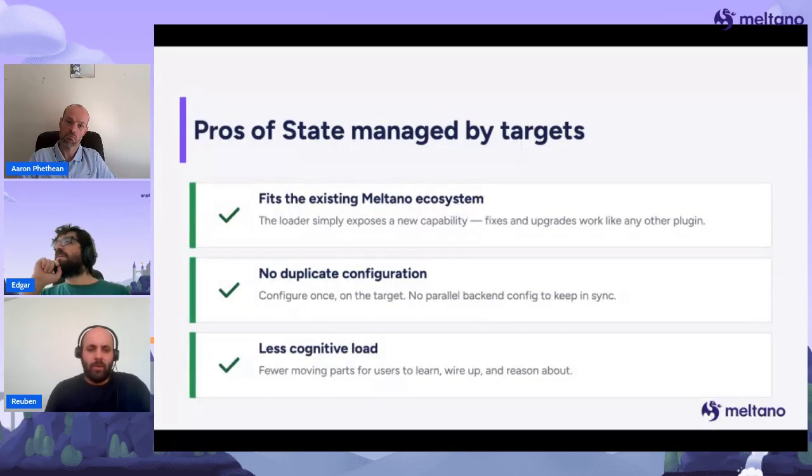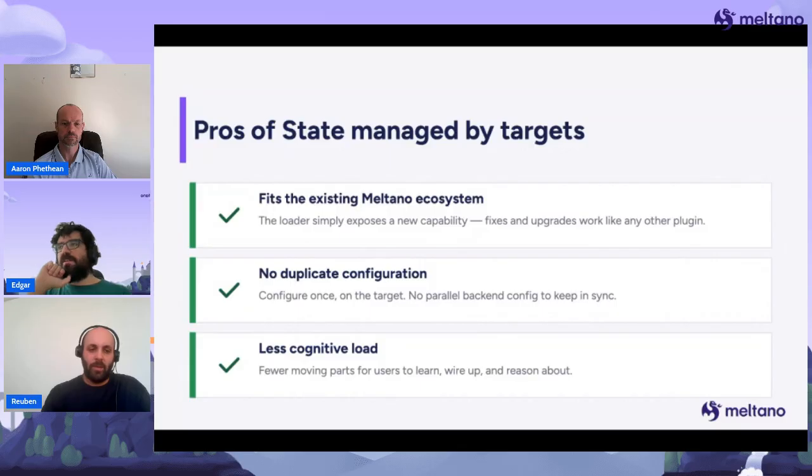I think my reservation with this, and yeah, go ahead. To clarify my position, I also think it's a good idea. I think discover is a well-known, mature part of the Singer specification. I think we're probably going down the route of maybe not extending the specification, but adding a concept to what a target should be doing in terms of the spec.